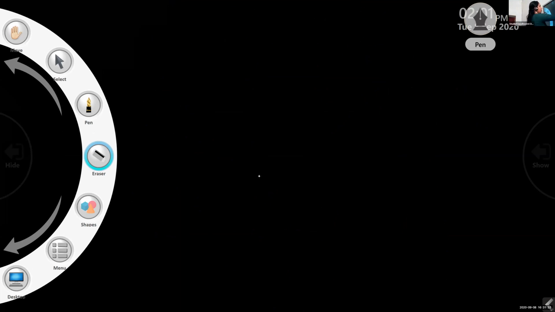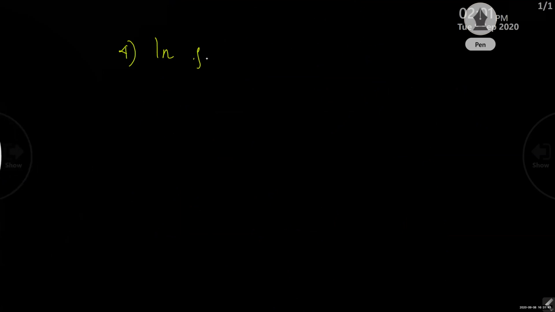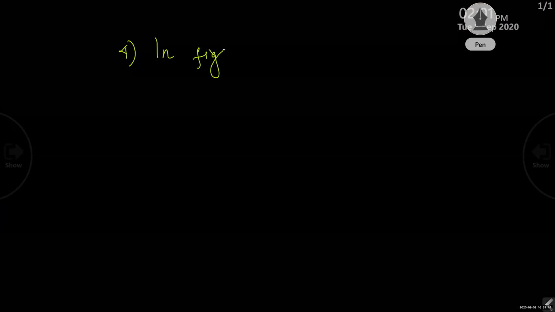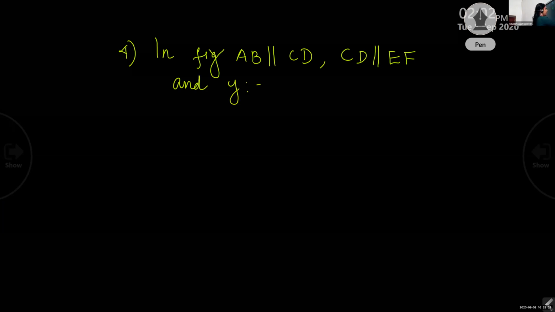In the figure, will you tell the question number? 4. In the figure, AB parallel to CD, CD parallel to EF, and Y is to Z equal to 3 is to 7.